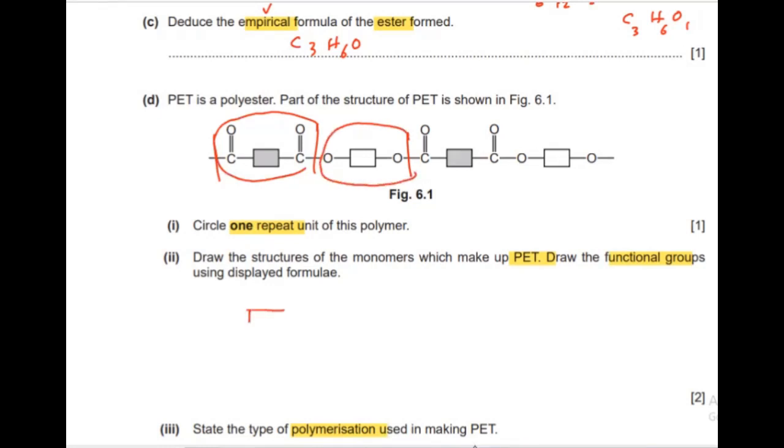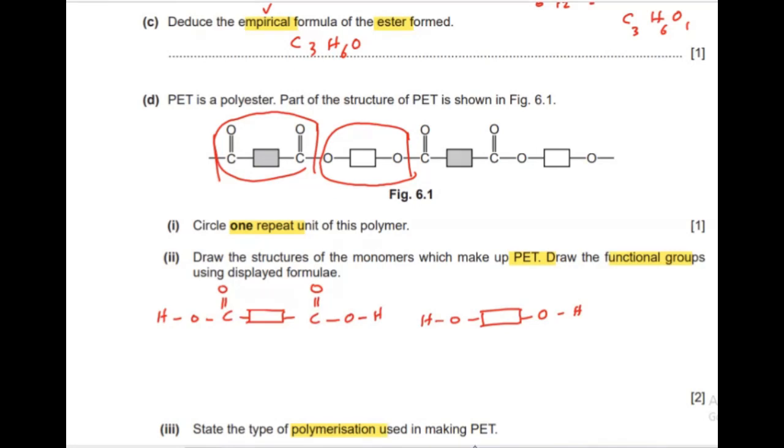You can draw like this. Just copy the half part from the polymer. Now you can put OH in to make it carboxylic acid and just H to make alcohol. So these are the 2 monomers which are required to make this polymer.